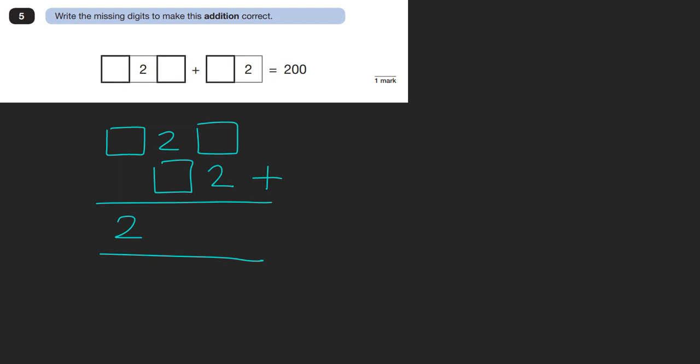So the answer is 200. Now everybody knows 2 add 8 is 10, 0 and 1 remaining. And 1 plus 2 is 3. 3 plus 7 is 10, 0 and 1 remaining. 1 plus 1 is going to be 2. So it's going to be 128 add 72 gives 200.